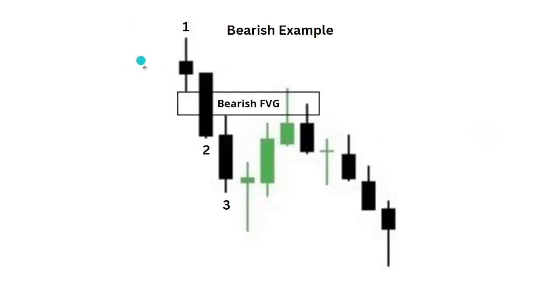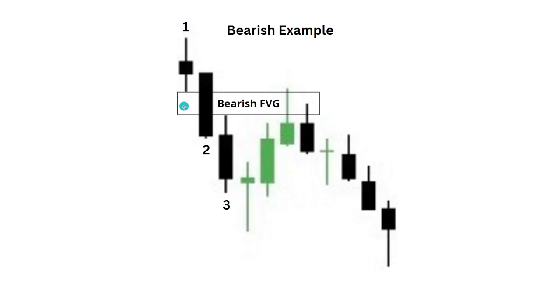So right here we have a bearish example. I know this is a little blurry, but we're gonna go with it. So here's the bearish fair value gap. How do we know for sure? The 3 candlestick pattern. The first one, right here. Here's the wick. Here's the second candle.